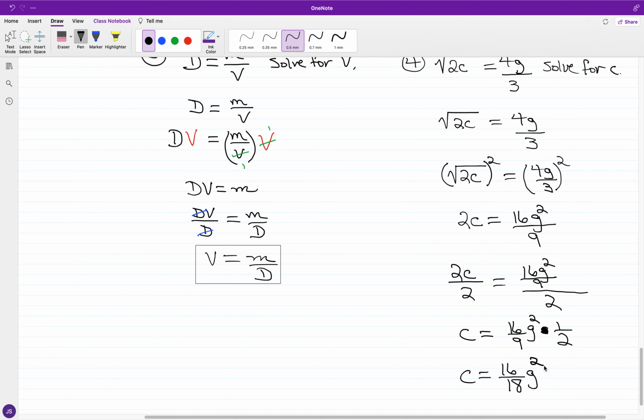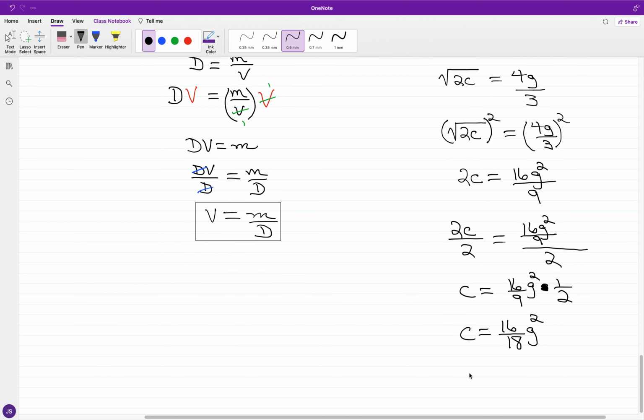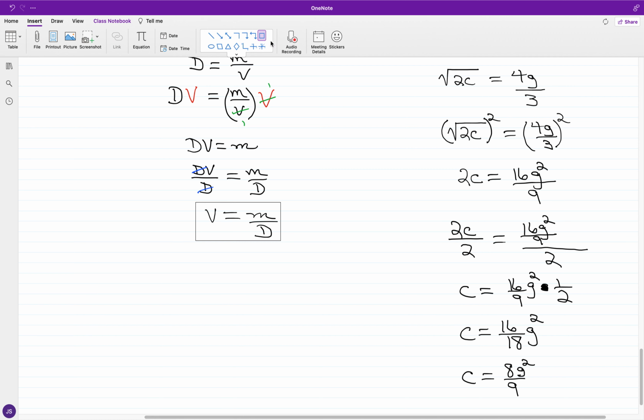So I have 16 over 18 g squared, and you could have gone ahead and cross multiplied, but 16 over 18 is reducible to 8g squared all over 9, and that would be the outcome for c.